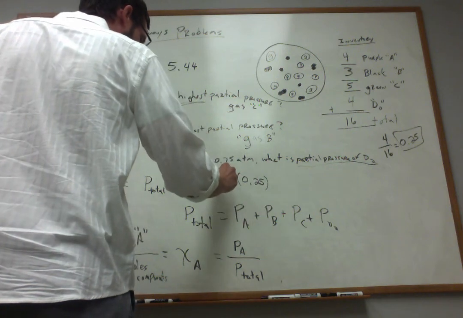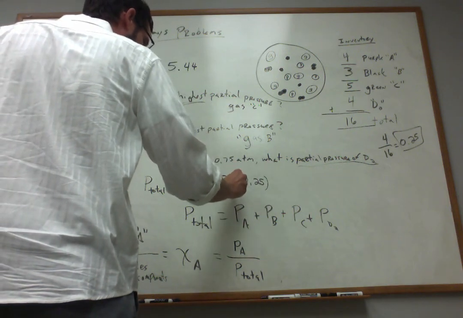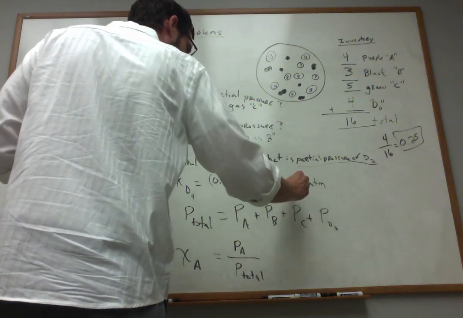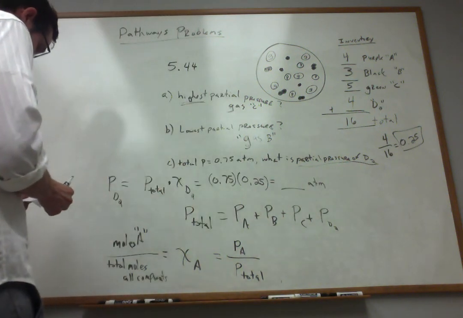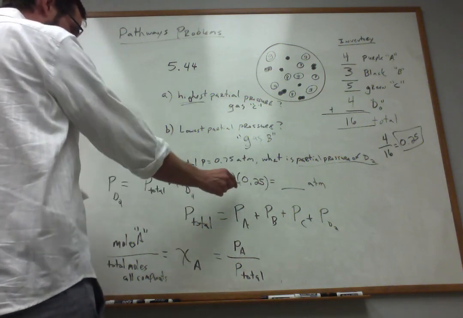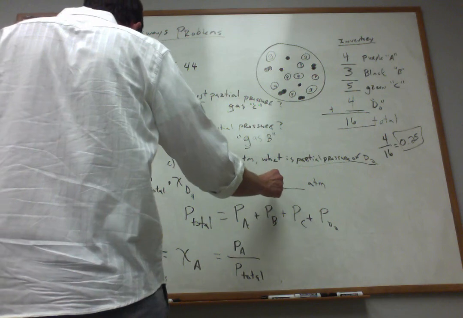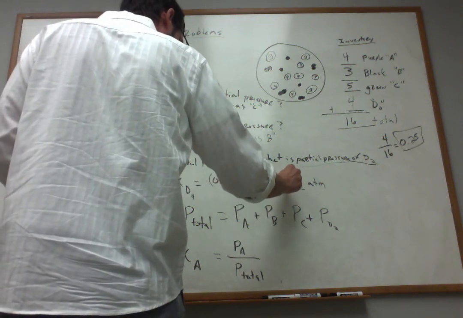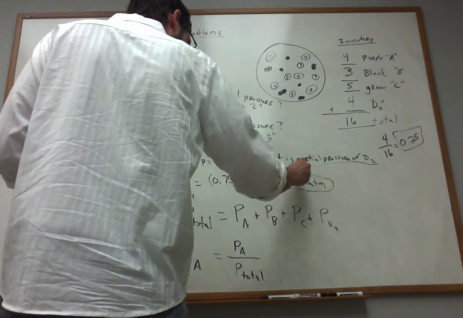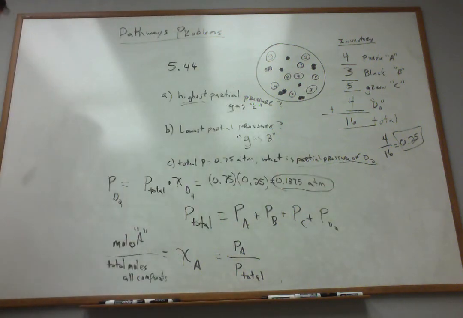And the total pressure we were given in the problem is 0.75 atmospheres. So to find the partial pressure of D2 in this particular mixture, all I need to do is take the 0.75 and multiply it by the 1/4, or 0.25, and I get 0.1875 atmospheres, or 1/4 of the total.